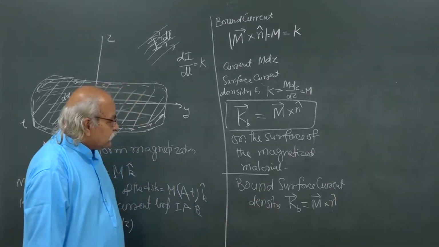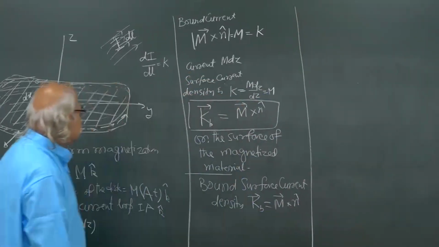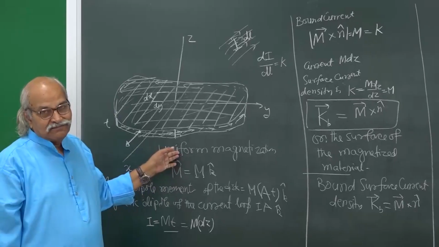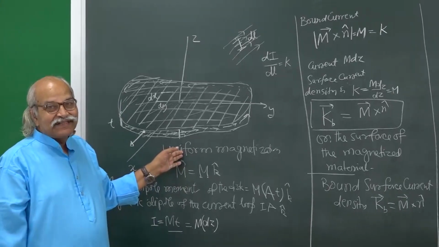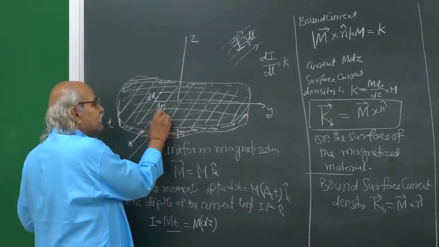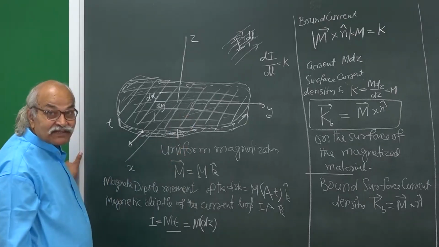Now, this is very nice, but if this magnetization is not uniform, if the magnetization depends on location, here the magnetization is different, here it is different, then what will happen?